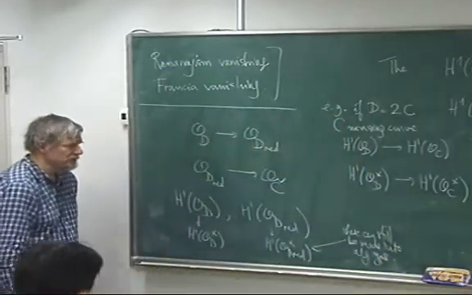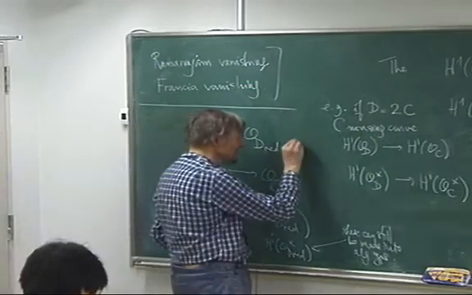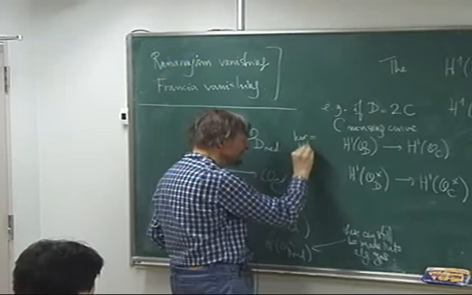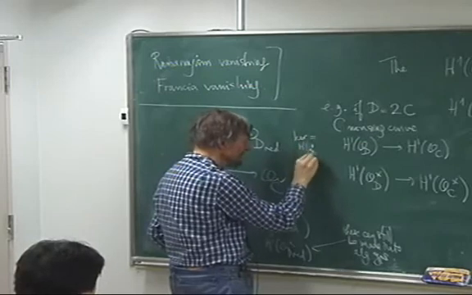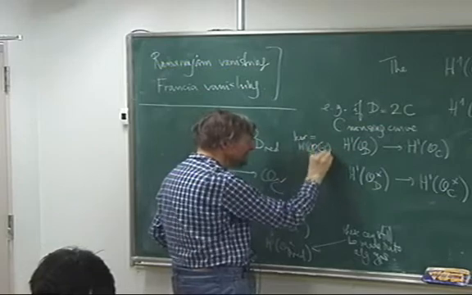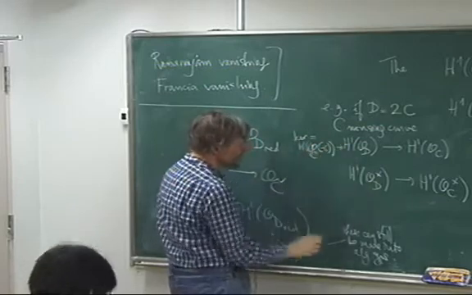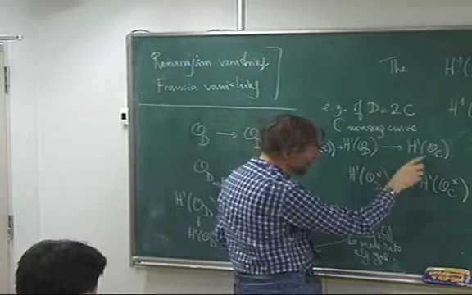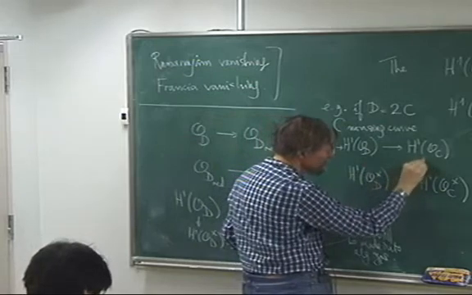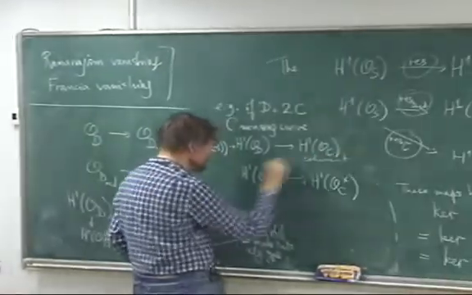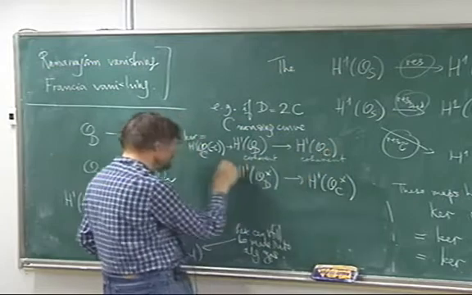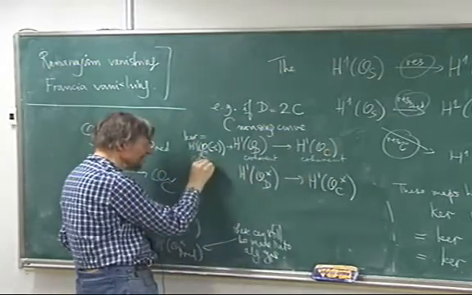Yes? And so the kernel of this is H1 of OC of minus C. Right, and this is what it should be, because this is a coherent group, and all of this sequence just takes place in coherent cohomology.